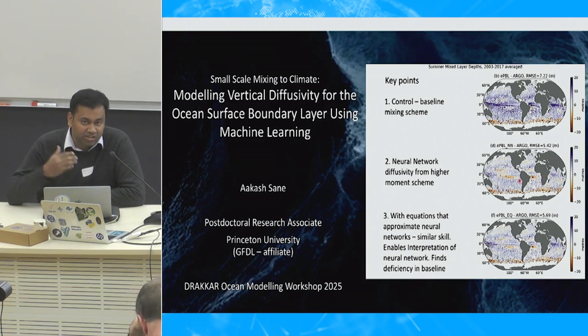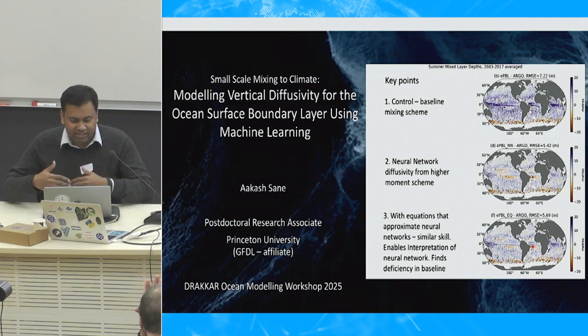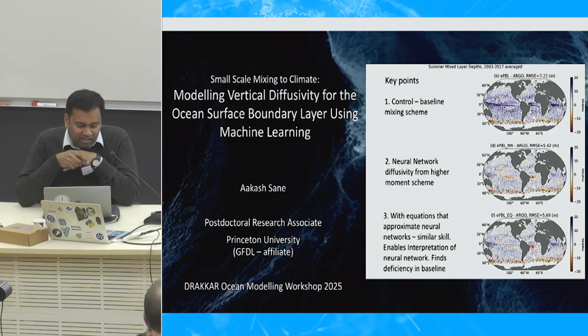But for a production level, it could be high. So the next step has been to replace the networks with approximate equations which show similar skill as the networks. If the bias is also reduced, then we can probably interpret them, because now we have equations. I'll get into details of all of this, and I'll give some background.